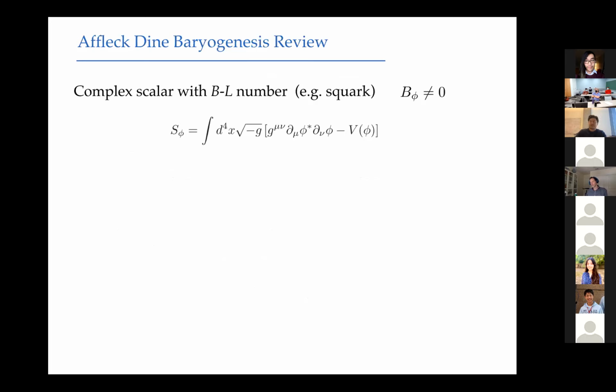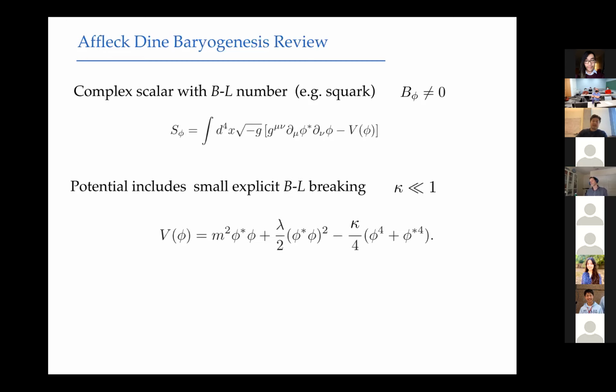And this was originally conceived in the context of supersymmetric models in the 80s, but nothing about it specifically requires supersymmetry. And I'm not going to refer to supersymmetry any further, except as a historical note here. So imagine you have some action of this particular form. There's some complex scalar with baryon number, and its potential is going to involve terms that both preserve and violate baryon number.